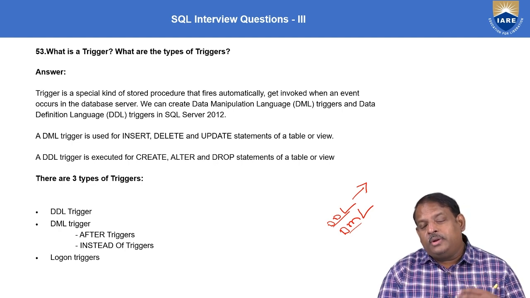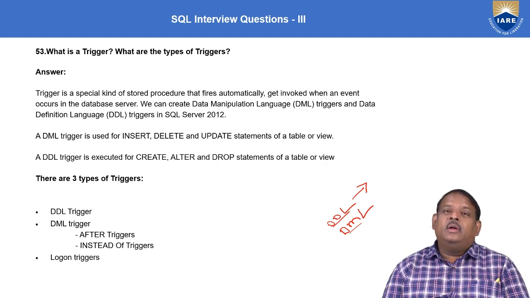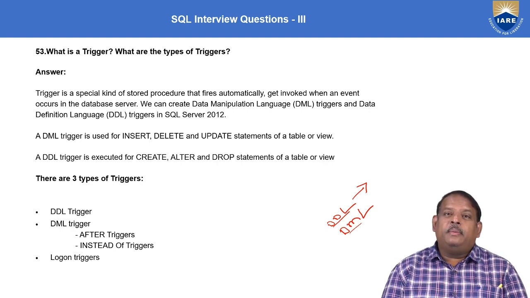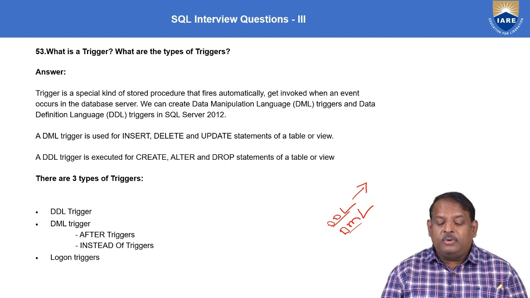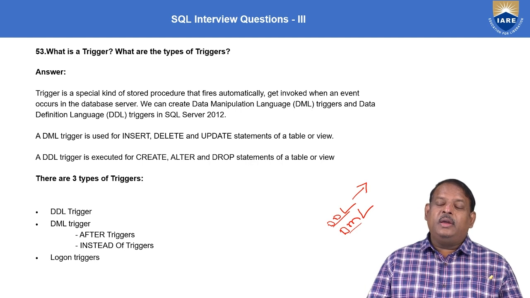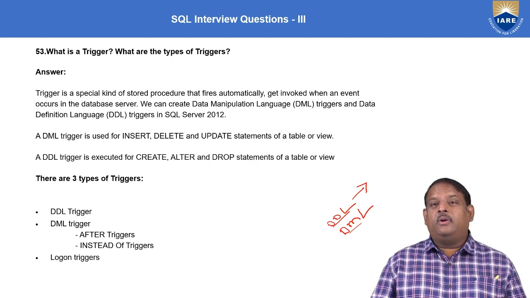So your DML commands are insert, delete, and update. A DDL trigger can be invoked upon create, alter, and drop statements. So whenever you create a table, you can invoke a trigger, also on alter and drop.